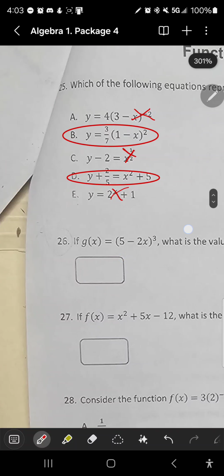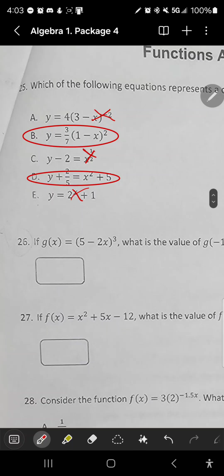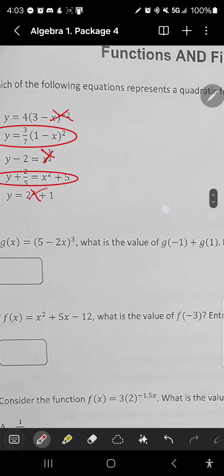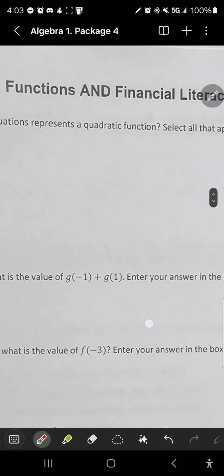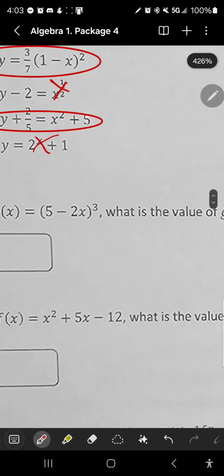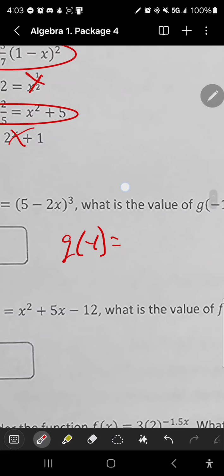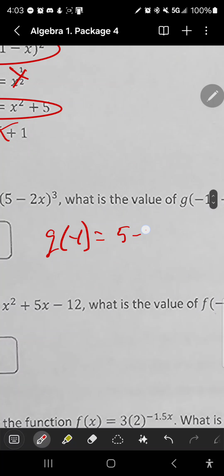Now 26. If g of x is equal, what is the value of g of -1 plus g of 1? Okay, let's first do g of -1. So 5 minus 2 times -1 to the third.